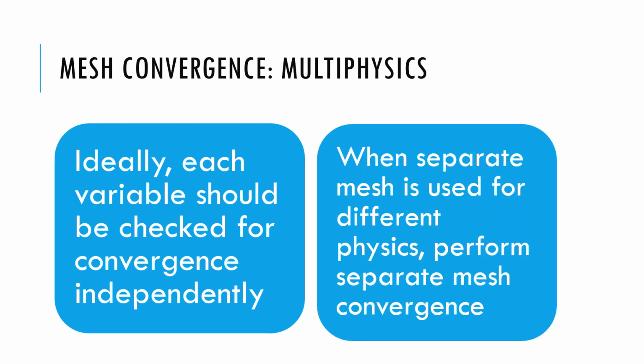When we have separate mesh used for different physics, then definitely we have to perform separate mesh convergence for each of the physics, choosing a variable from the relevant physics. And even if we have the same mesh used for two different physics, we should check one variable from each physics and do a mesh convergence plot to make sure that physics is converged.